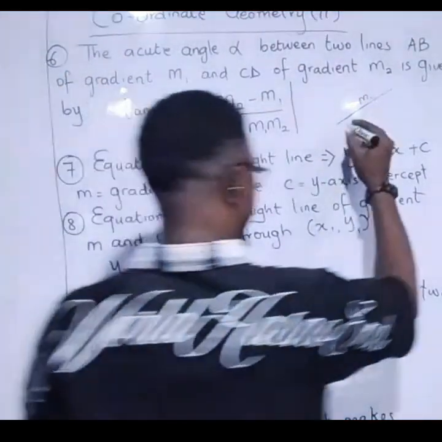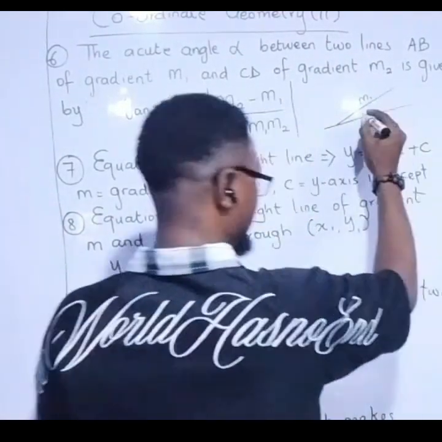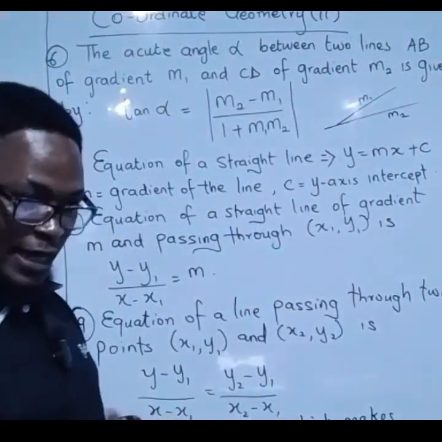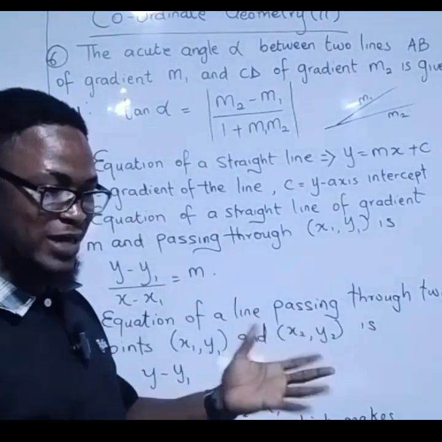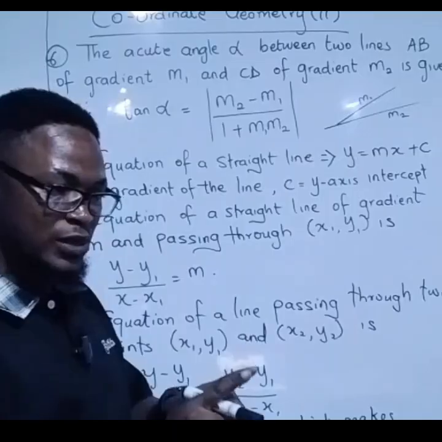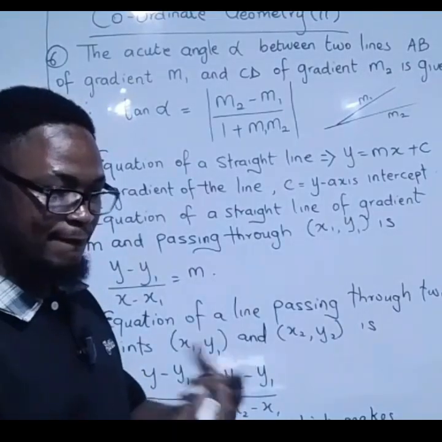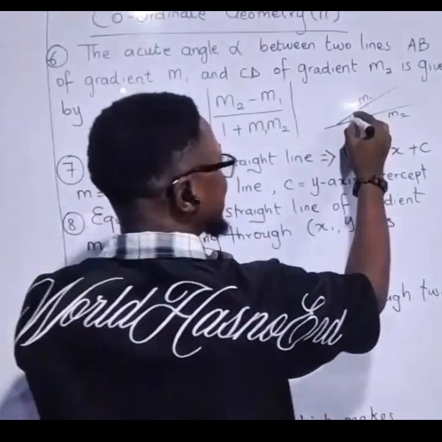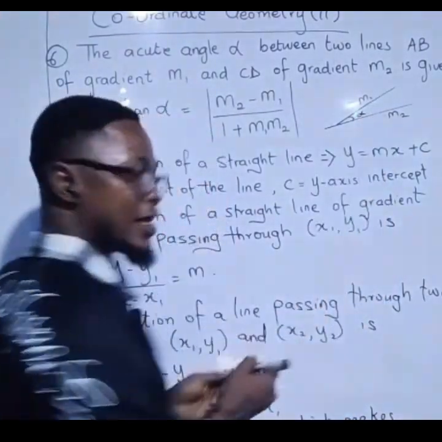And you have another line, M2, right? Both of them are two lines with different slopes, and there's an acute angle between them. What's an acute angle? Yes, that's why I make the angle small. It's less than 90. Are you seeing?